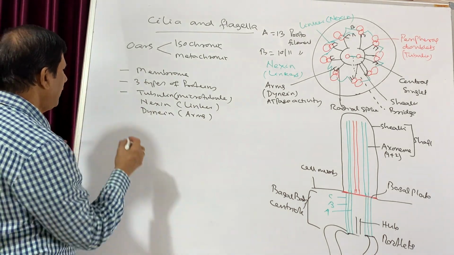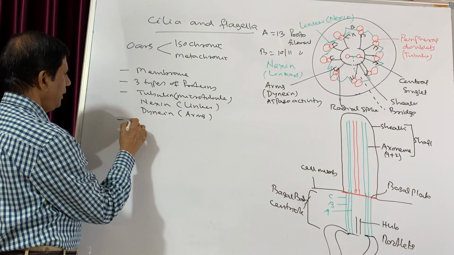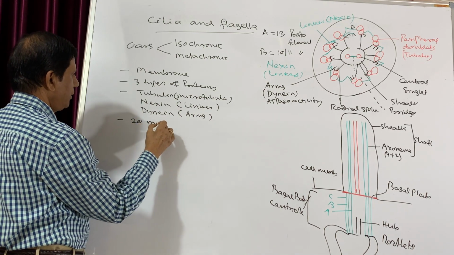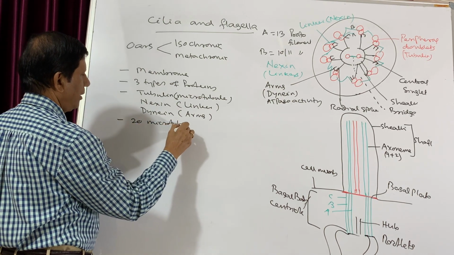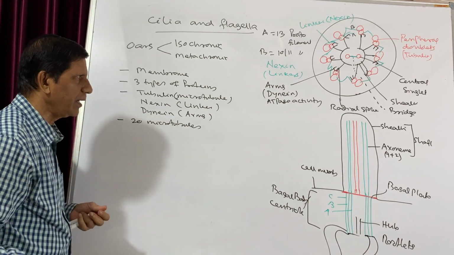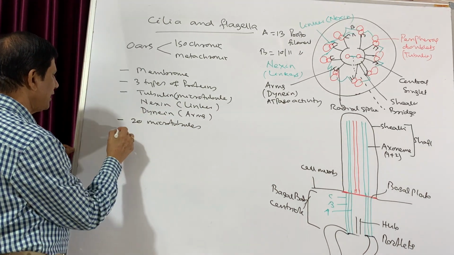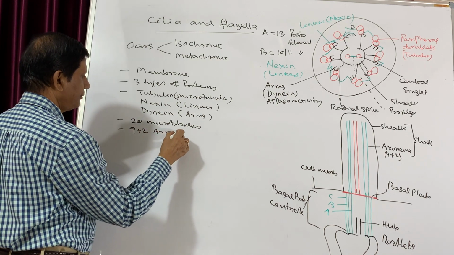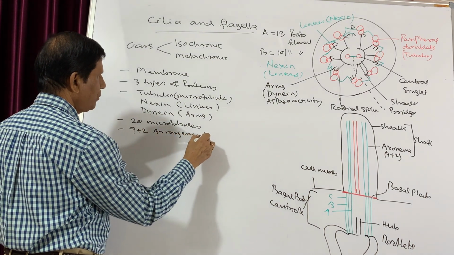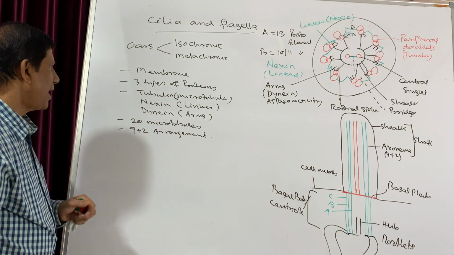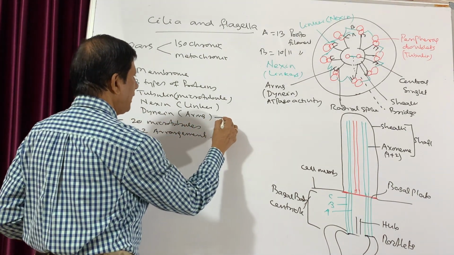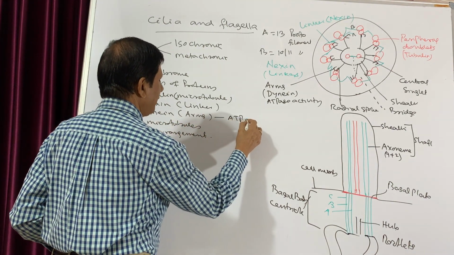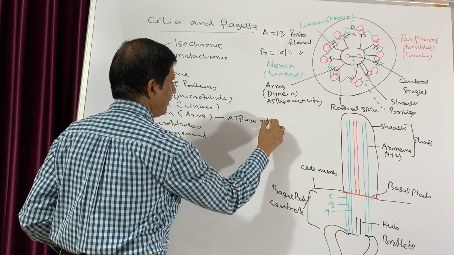Then there are 20 microtubules, and the arrangement is the 9+2 arrangement. Particularly the Dynein protein has ATPase activity.